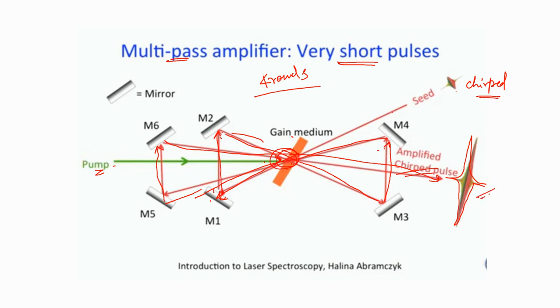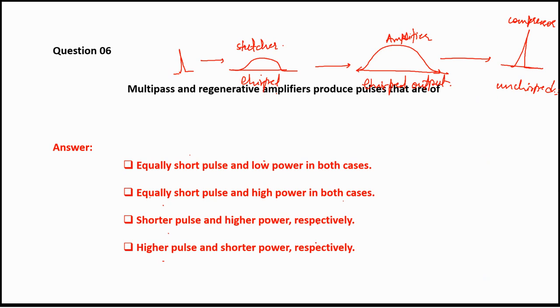So the advantage is, first we get the amplified chirped pulse, and that too is a very short pulse. Okay. Again, I'll repeat this whole process. The first thing is the multipass amplifier.